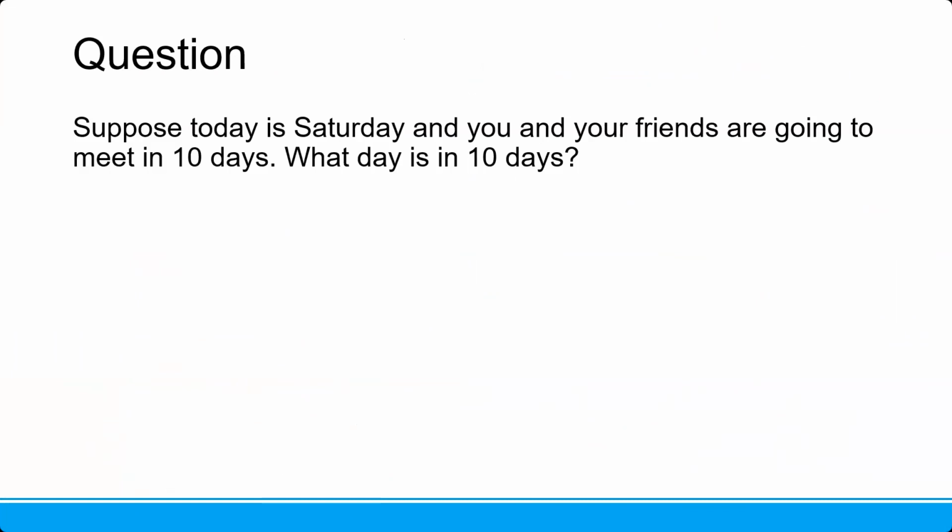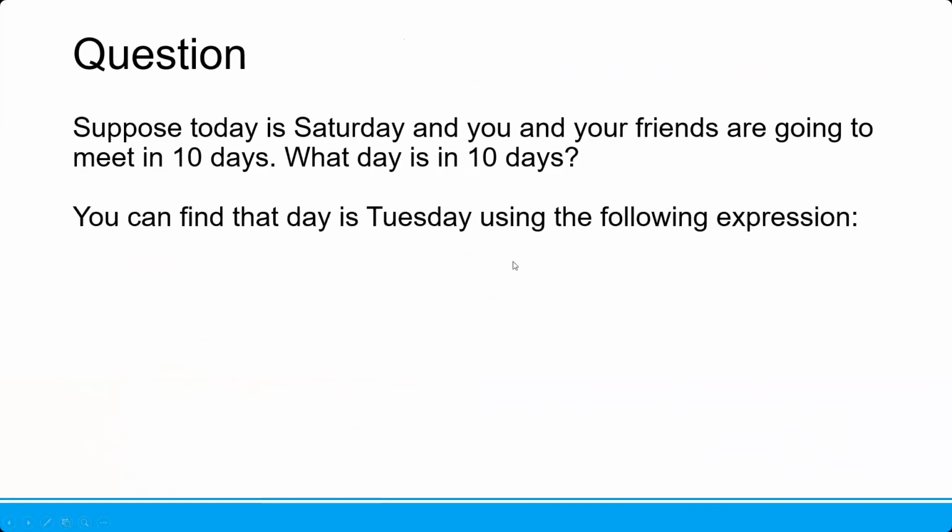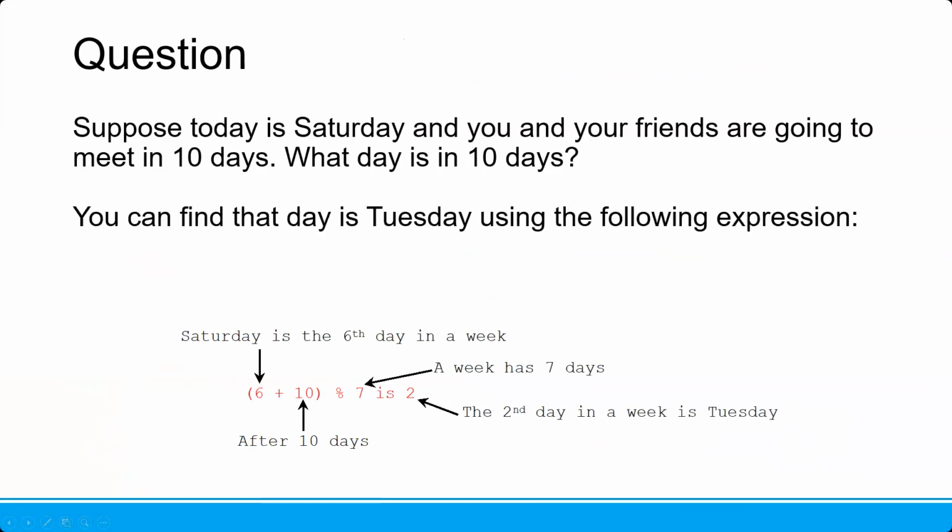But how can you express it in Python? You can find Tuesday with the following expression. So we can combine the mathematical operations. Let's say 6 is Saturday. We can assume 1 is Sunday, 2 is Monday, 3 is Tuesday. Or you can make Sunday 0, 1 Monday, and so on.